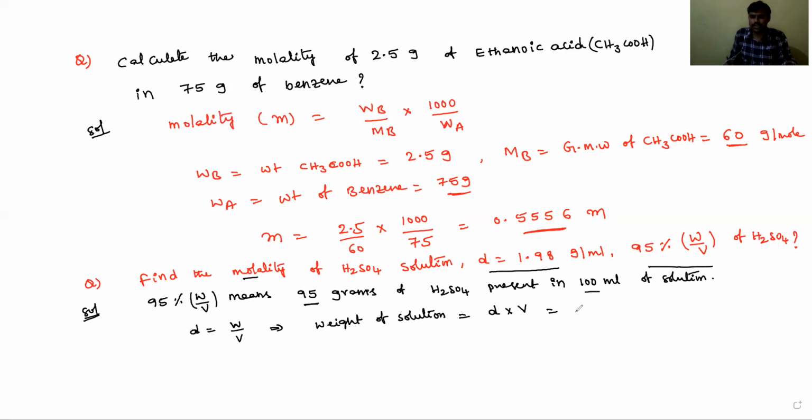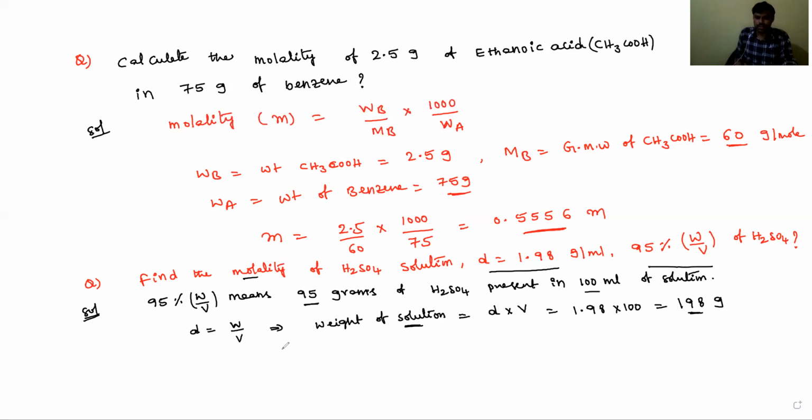The density they gave is 1.98, and the volume of solution is 100 ml, so it is 198 grams. 198 grams of solution is present. Among that, we need to find the weight of solvent.